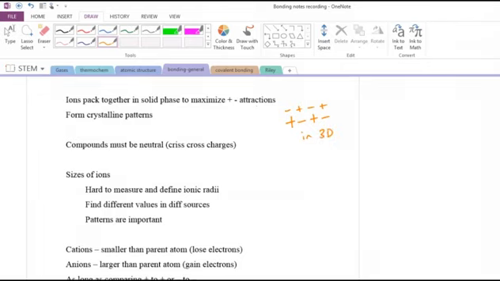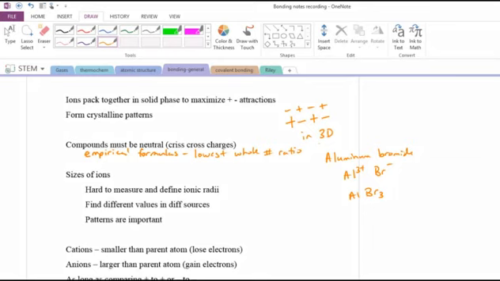Compounds have to be neutral, but these are all empirical formulas, which means it's the lowest whole number ratio. And we crisscross charges. So if we had aluminum bromide, aluminum with its +3, bromide with its -1, we would have this, and there shouldn't be any space there.